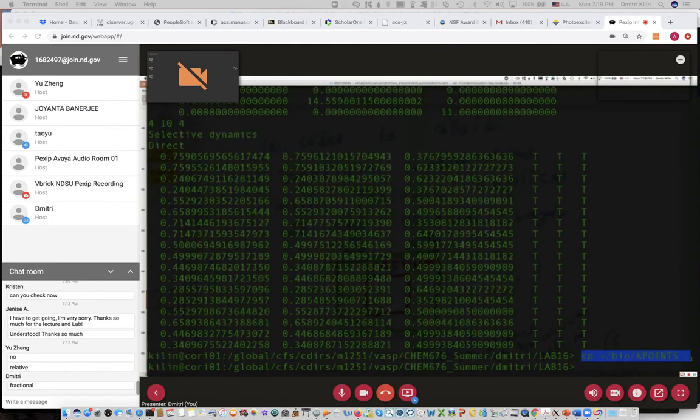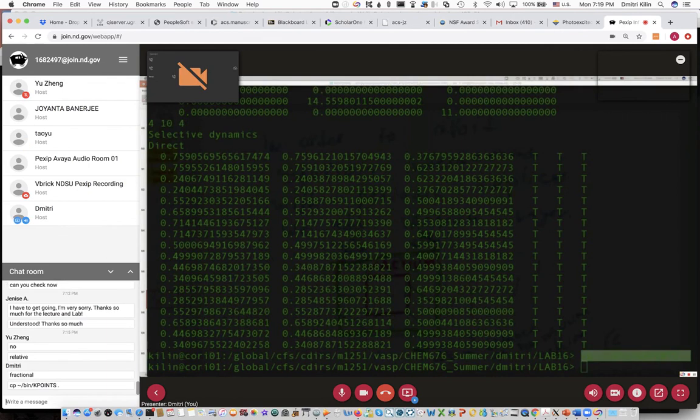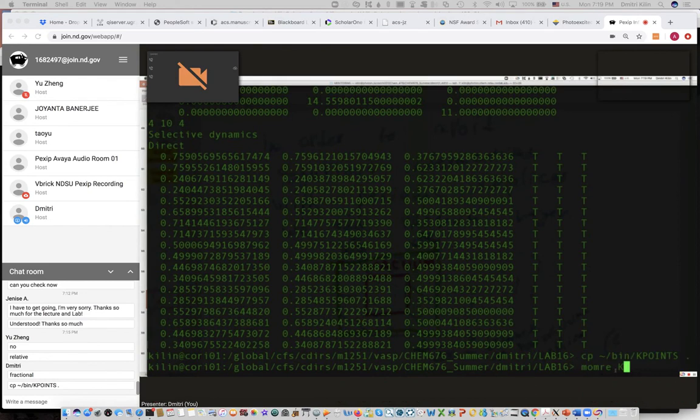I will need to redo it when we meet next time for those who have already disconnected. The K points is a standard file we are not going to discuss. I just provided the template, so using the template is fine.